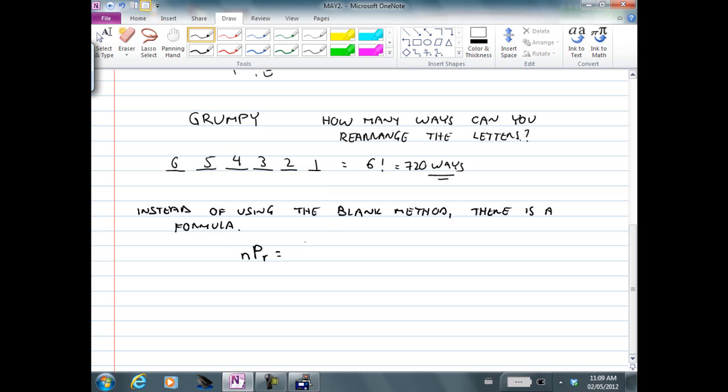nPr equals n factorial over n minus r factorial. This is called your permutation formula. n stands for total number of choices.